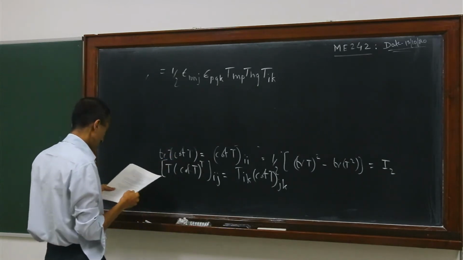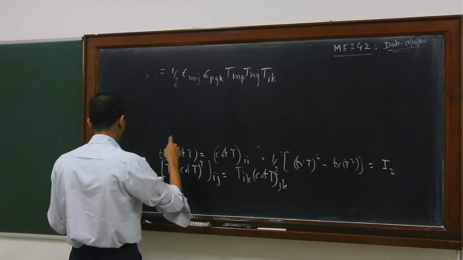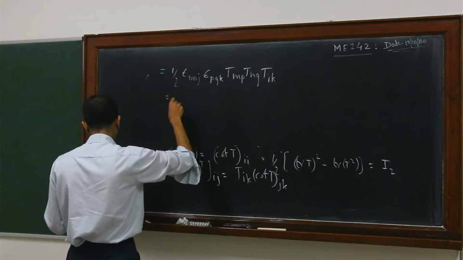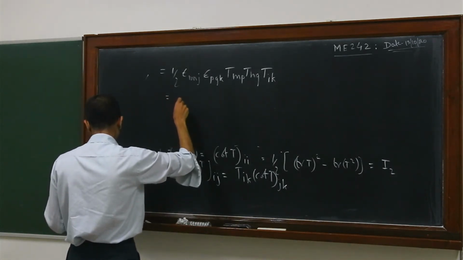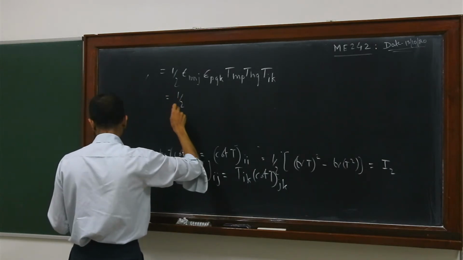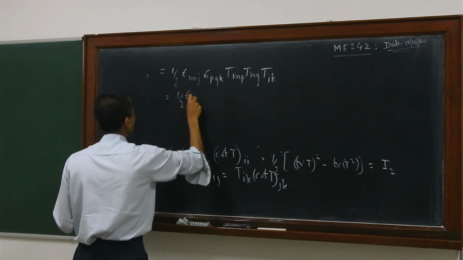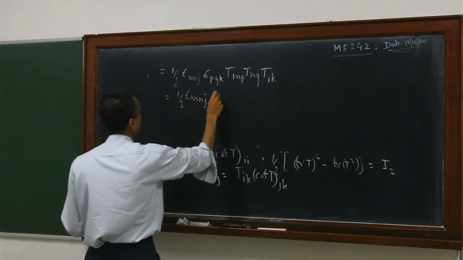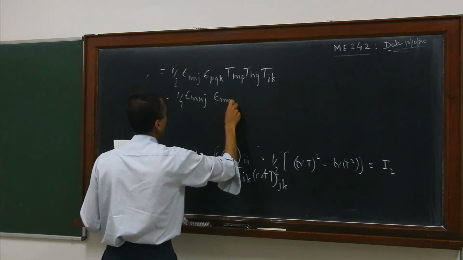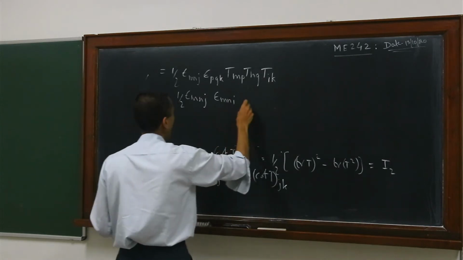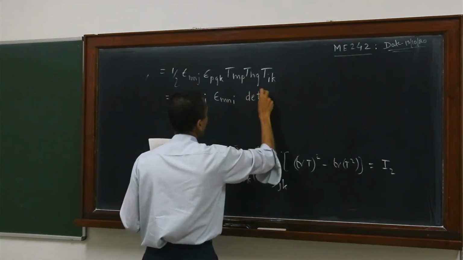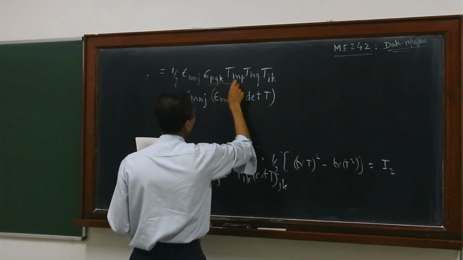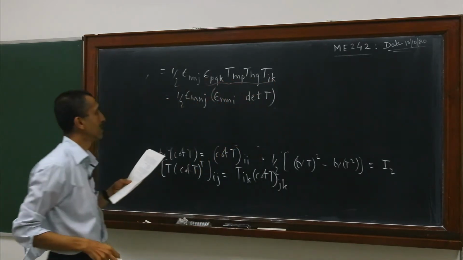Then we will use the expression for the determinant of T, which I had introduced earlier. So here I can write this as half of epsilon_mnj times epsilon_mni times determinant of T. So this part here is equal to whatever is written in the bracket.